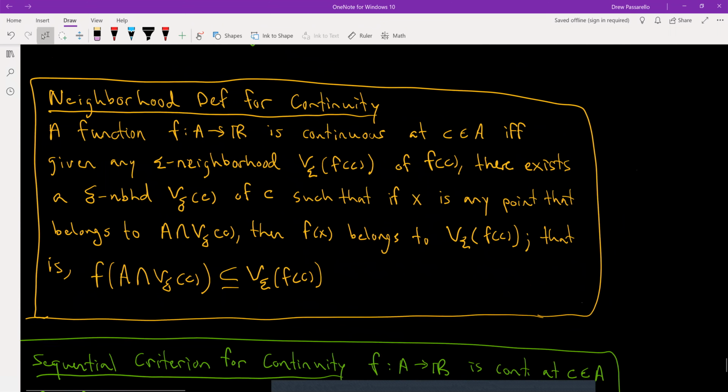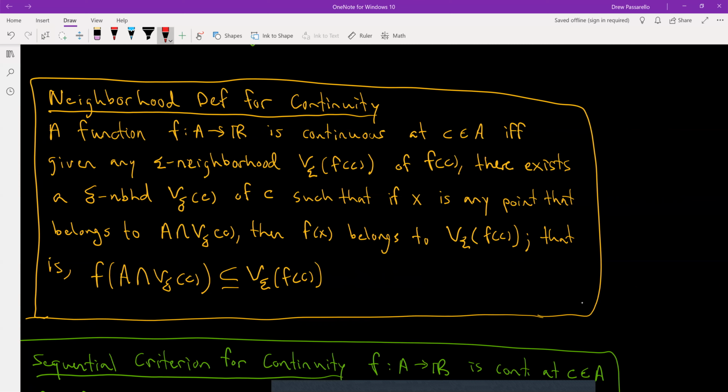And so here it is, written more explicitly. We have a function f from A to the reals is continuous at c, where c is an element of A, if and only if, given any epsilon neighborhood, which we write as V subscript epsilon of f of c, there exists a delta neighborhood, and this is not a punctured delta neighborhood now, we're just considering a regular delta neighborhood around c, such that if x is any point that belongs to the intersection of A and the delta neighborhood around c, then f of x belongs to the epsilon neighborhood of f of c.